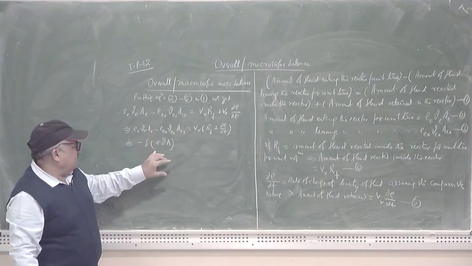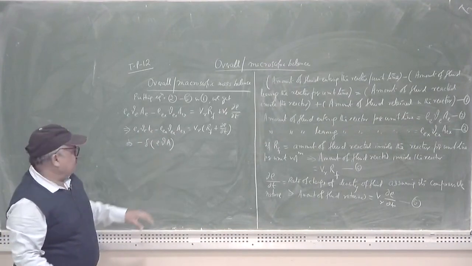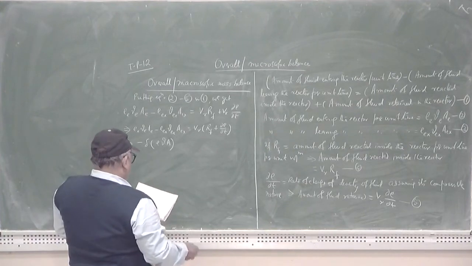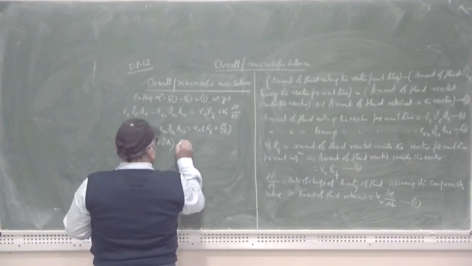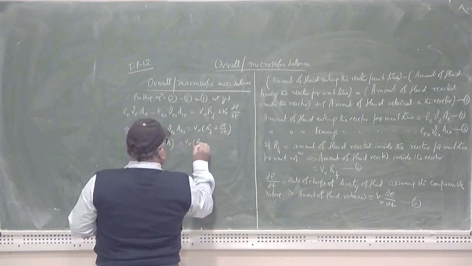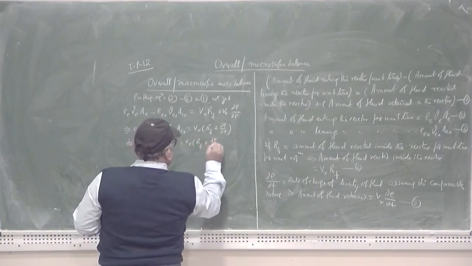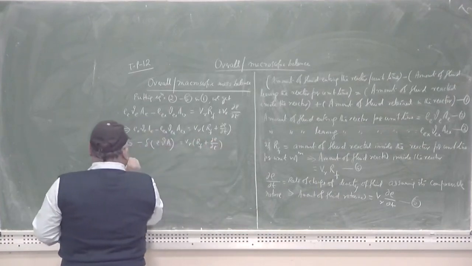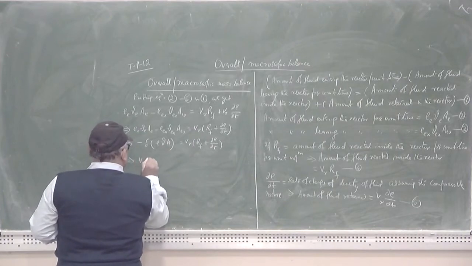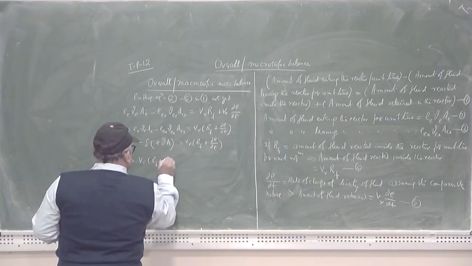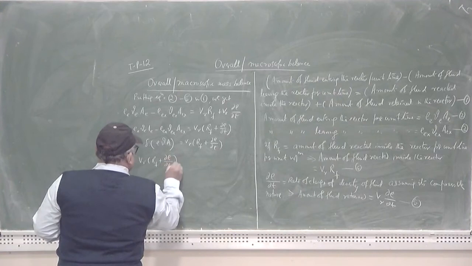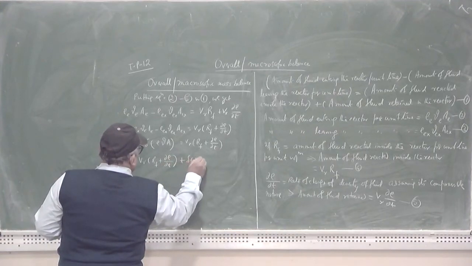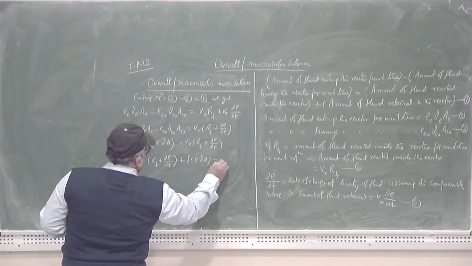So, that is why a negative sign has been used here. So, minus delta into rho V A is equal to VR RF plus del rho by del t, or VR RF plus del rho by del t plus delta rho V A is equal to 0.